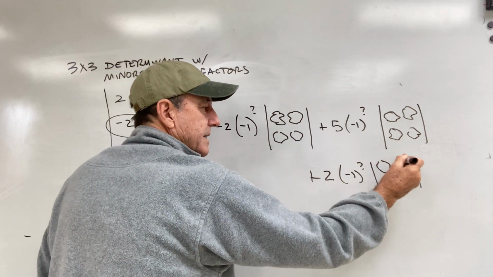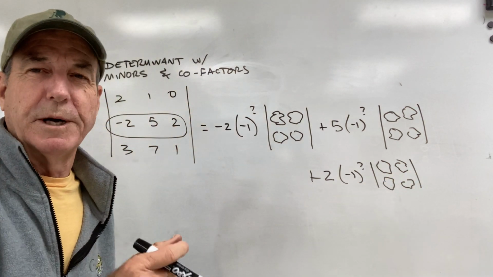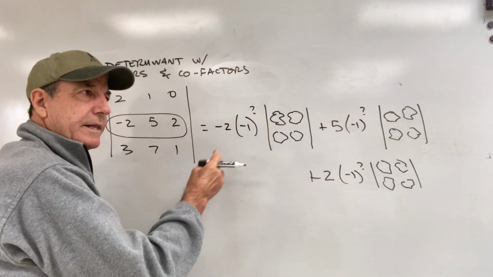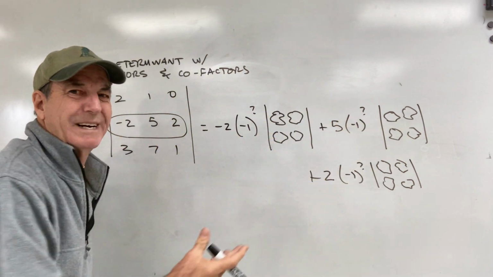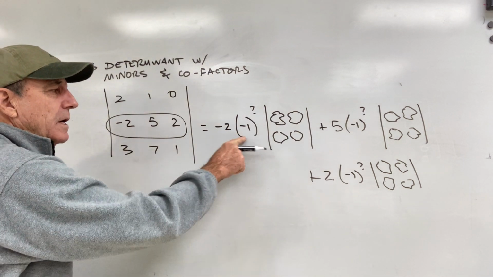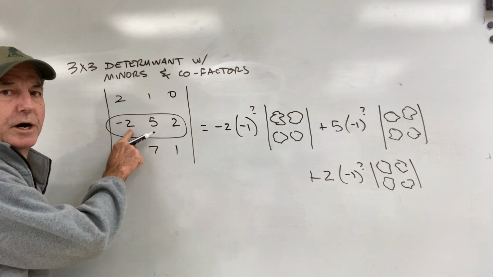So again, the task here is to figure out these minor determinants, these small 2x2 determinants, and then figure out what power of negative 1 goes in there. This is pretty straightforward because 2x2s are easy to calculate. Okay, first of all, the power of negative 1 here. For each element, it's in a row and it's in a column.